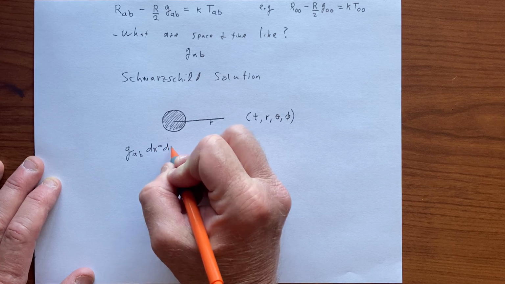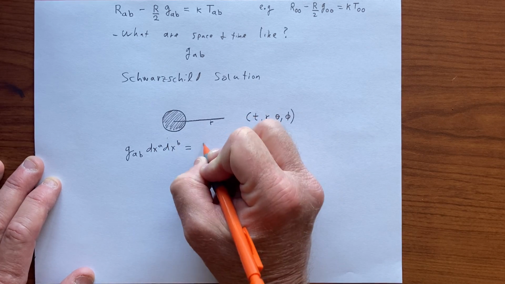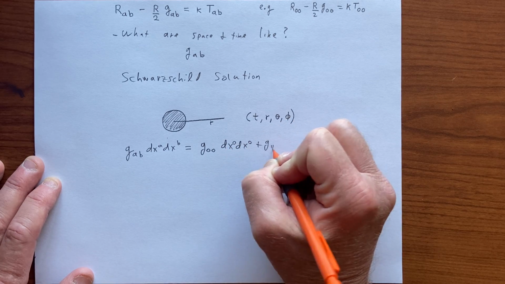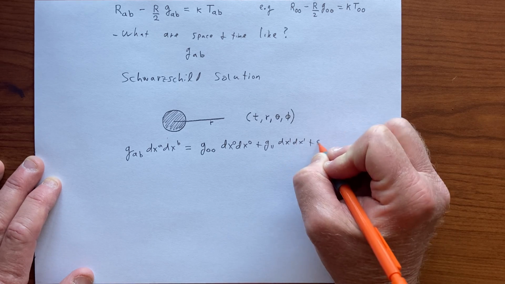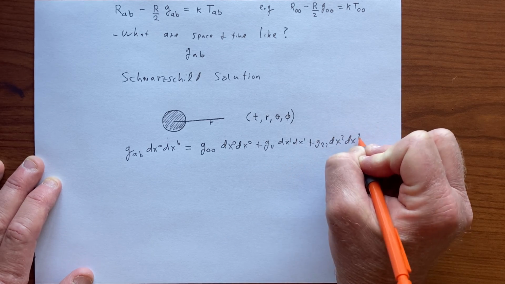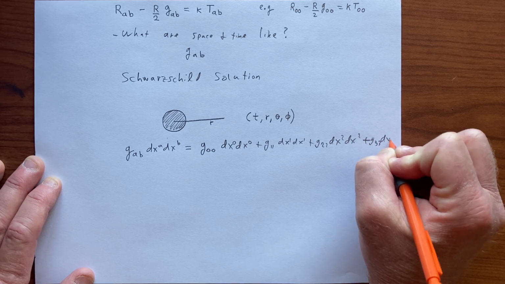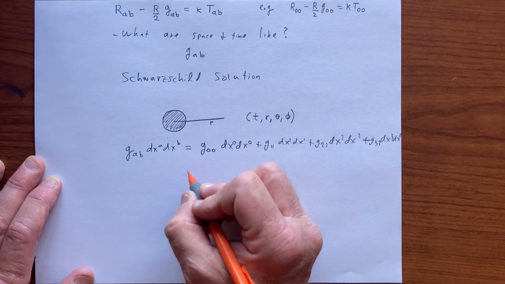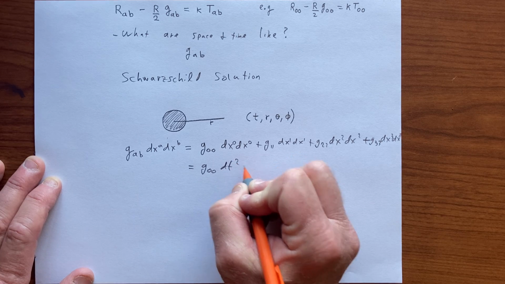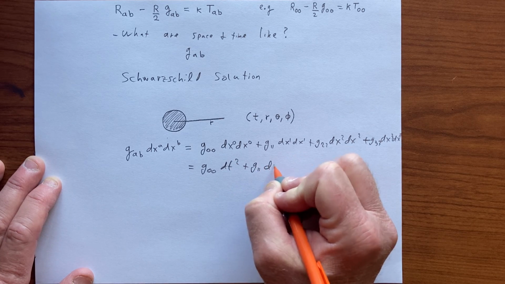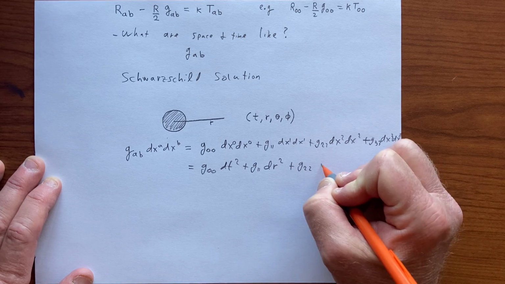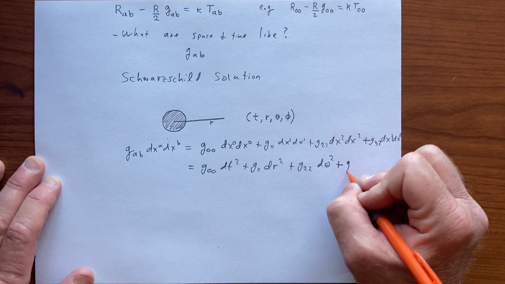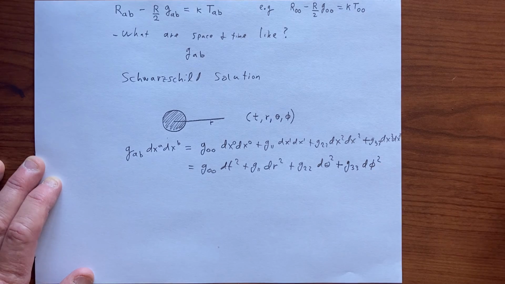So dx^a dx^b has certain properties. It has g_00 dx^0 dx^0 plus g_11 dx^1 dx^1 plus g_22 dx^2 dx^2 plus g_33 dx^3 dx^3. In other words, g_00 dt squared plus g_11 dr squared plus g_22 d theta squared plus g_33 d phi squared.